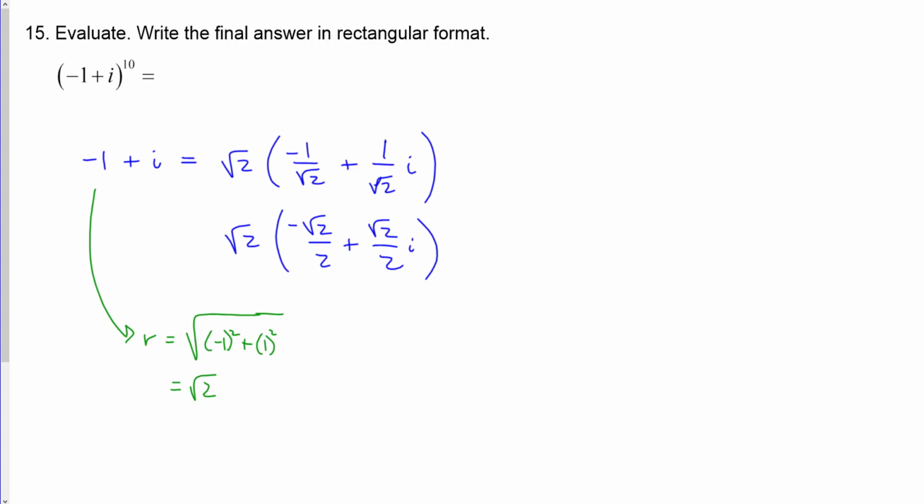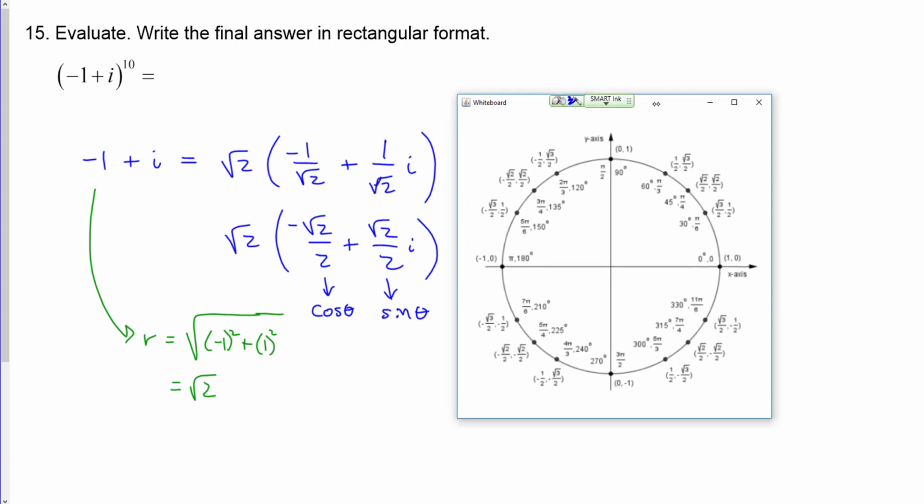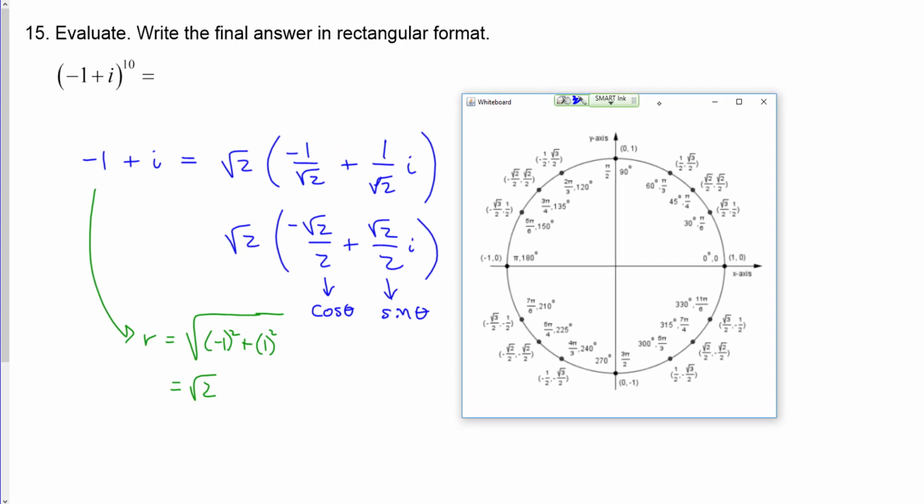Either way is fine. Now I just need to figure out what angle measure results in a cosine that's this and a sine that is this. So unit circle. I need cosine to be negative root 2 over 2, sine to be positive root 2 over 2.